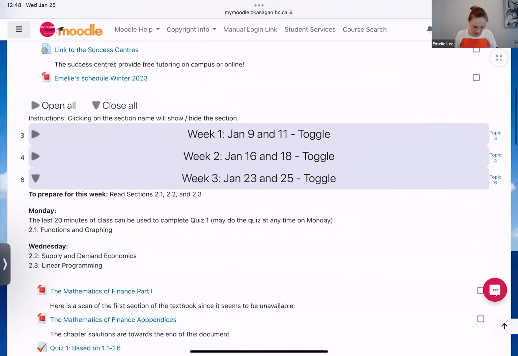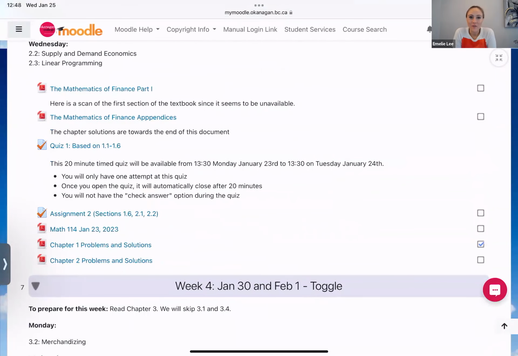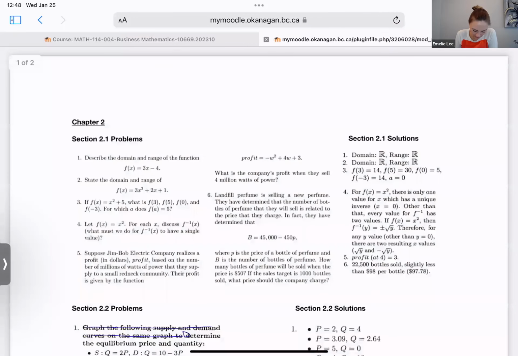Okay, so I added, and for future, because the textbook seems to be hard to find, what I've done is I've got the chapter problems and solutions, which is basically why you would buy the textbook anyways, unless you wanted more of an explanation. But I'm just going to see if there are some problems here that I want to do.